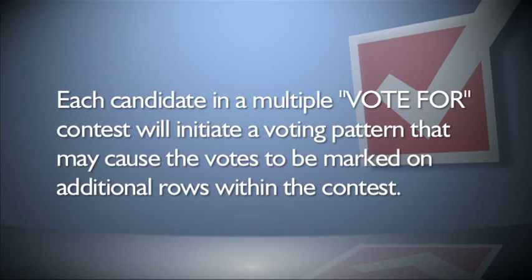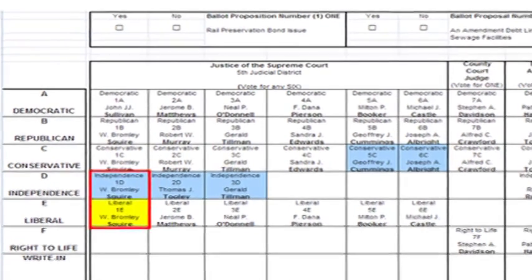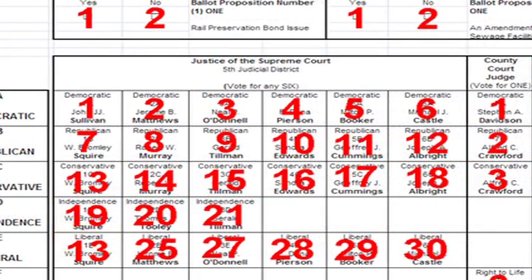Please note that each candidate in a multiple Vote For contest will initiate a voting pattern that may cause the votes to be marked on additional rows within the contest. For instance, here's an example of a completed pattern vote for a Vote For Any 6 contest with a ballot configuration of 3 rows with 6 candidates per row.